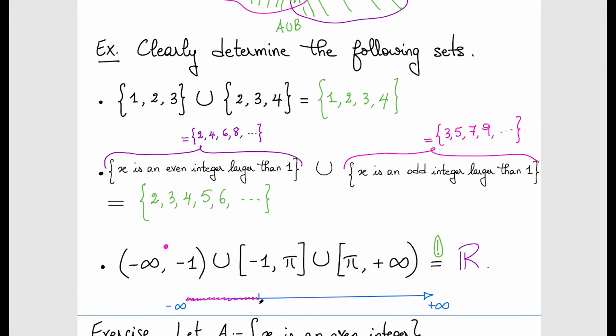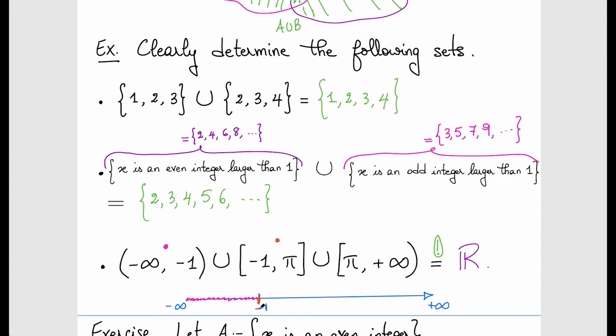It's gonna be just blue for now, because negative 1 is open. Now you're gonna adjoin those pink elements to those guys. And let's give them a color. How about orange? So those guys are gonna be from minus 1 all the way to pi.